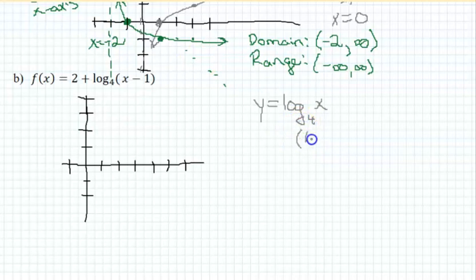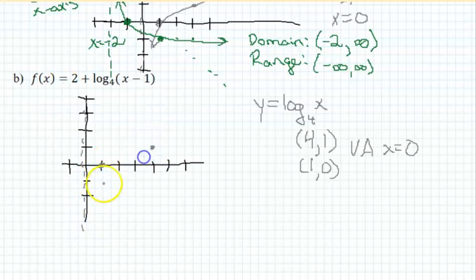It's going to include the point 4, 1, and the point 1, 0, and a vertical asymptote at x equals 0. So parent graph looks something like that.